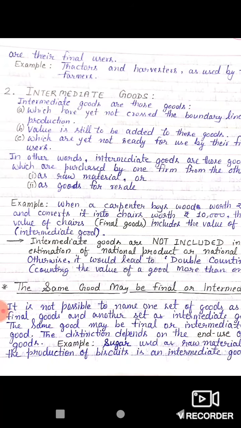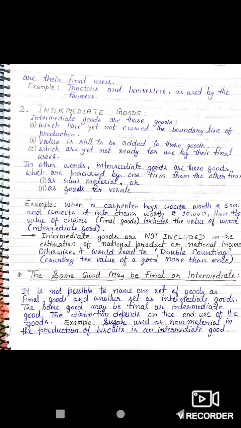Now one more point: the same good can sometimes be called a final good and sometimes an intermediate good. How? It is not possible to name one set of goods as final goods and another set as intermediate goods.